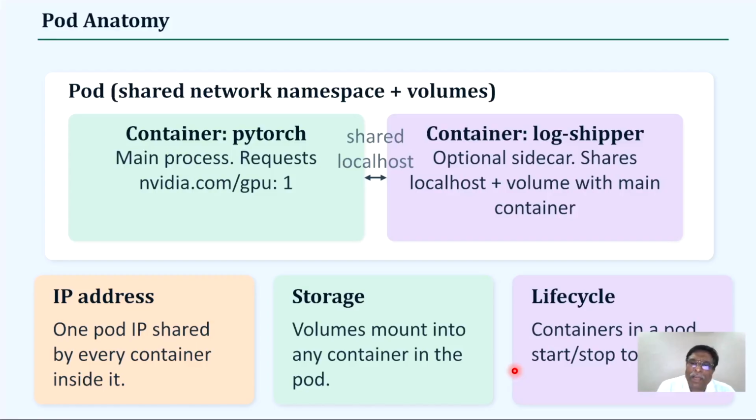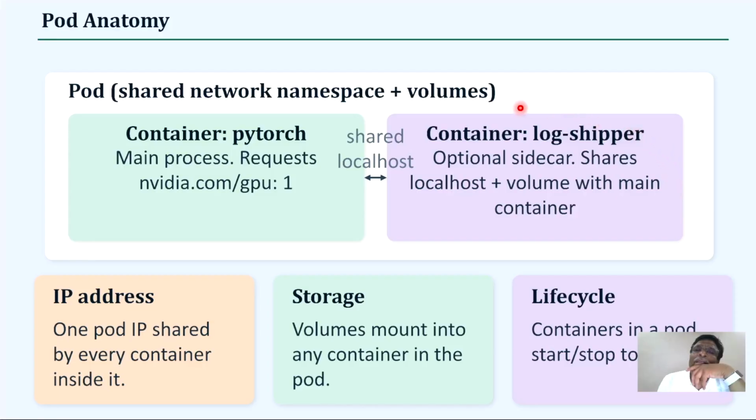So let us say, what does it mean when I say we are using a pod, right? A pod starts and stops together with the container, right? So pod basically is a shared network namespace plus volume. So let us say we have a container which has PyTorch, and it is a main process. It requests one GPU.